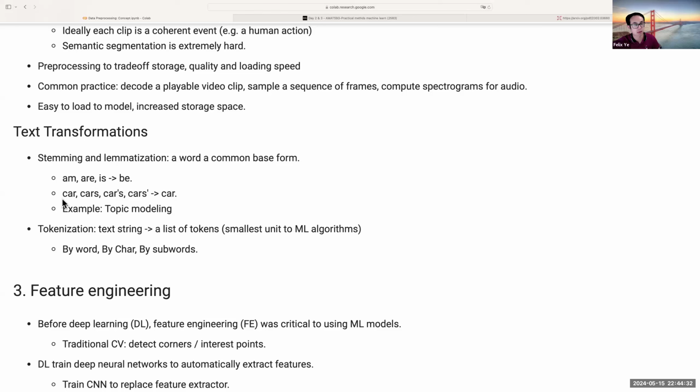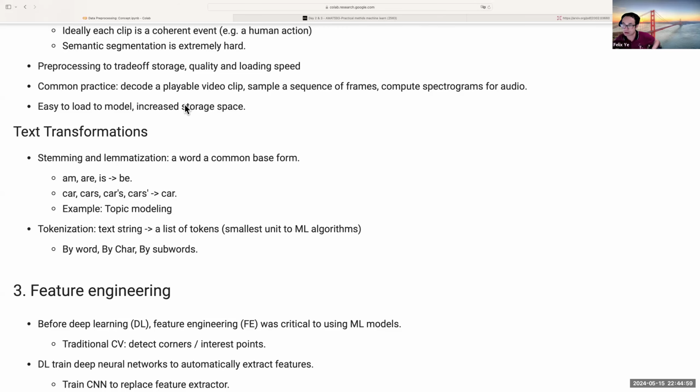For the sentence "easy to load to model, increase storage space," by word, this is token 1, token 2, token 3, back to token 2, and this is token 4, and so on. Each word can be treated as an individual token.